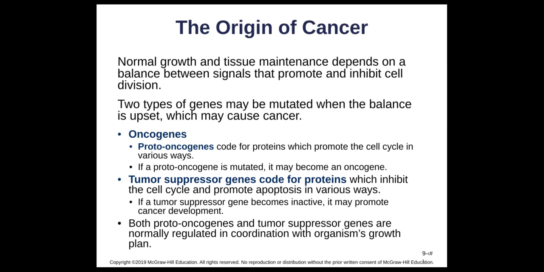Of course, normal growth and tissue maintenance is going to depend on a balance between signals that say, yes, cells you need to divide, or no, inhibit the cell division. And there are two types of genes that can be mutated, and then this balance can be upset, which can cause cancer. This is not the only way.